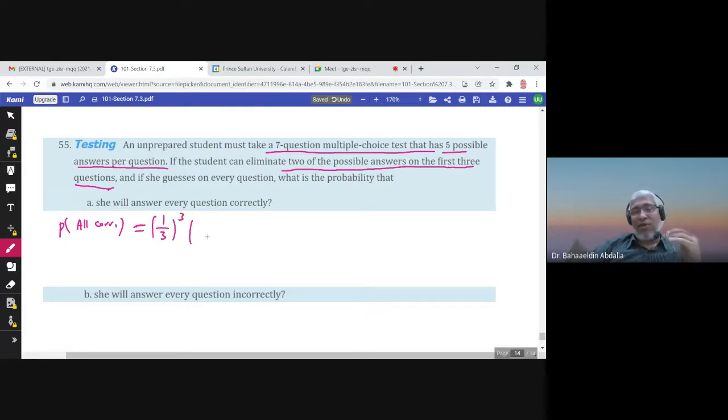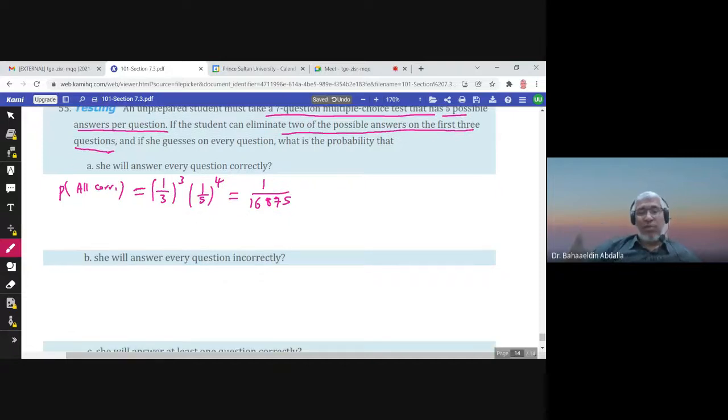But for the last 4 questions, she has to choose 1 out of 5, so the probability that she is correct would be 1 over 5 in each of the 4 questions. Multiplying these, you will find that the answer is 1 over 16,875. A very small probability that she gets all the answers correct.